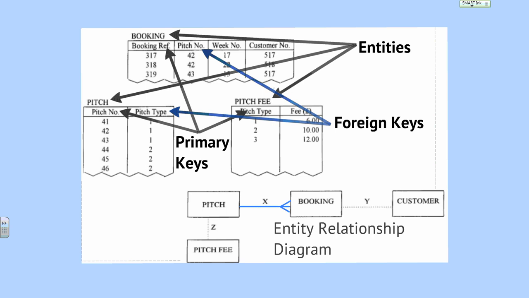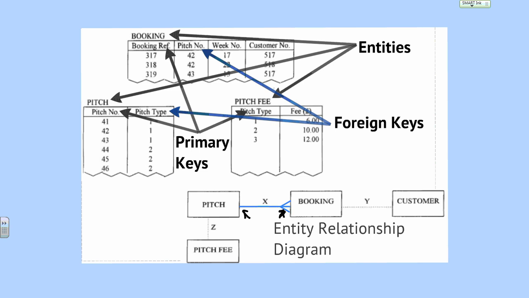So pitch to booking is what's called a one-to-many relationship, because it's one here to many over here. If you think about it, here we have pitch, and pitch number.